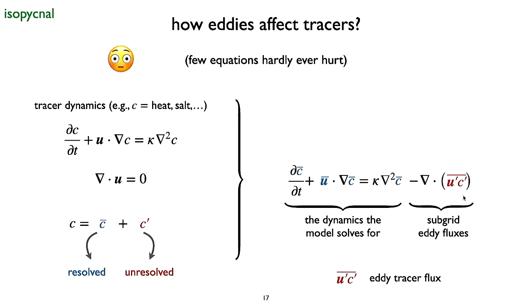I didn't do anything else other than rewriting and using the incompressibility here, and you'll get that. No approximation whatsoever. So you could be solving this or this. It's the same thing. The model actually solves this. It doesn't know about the red things. Okay, the red things are what we call subgrid fluxes. Like everything that is below your model's capacity.